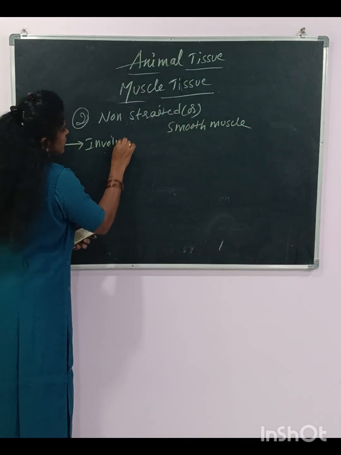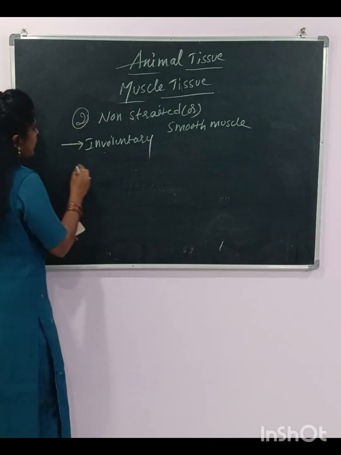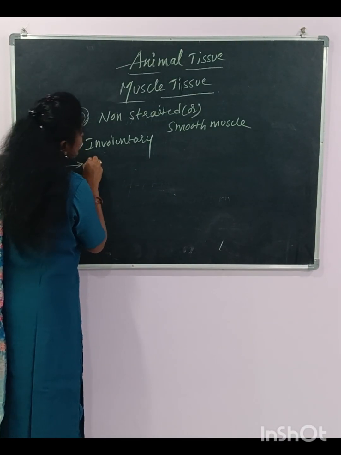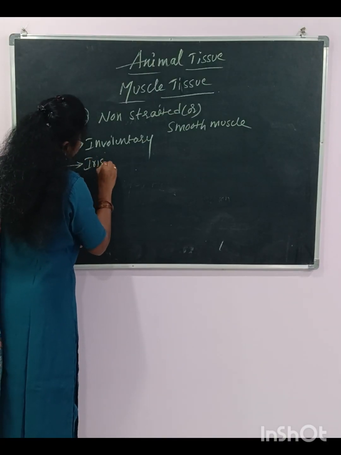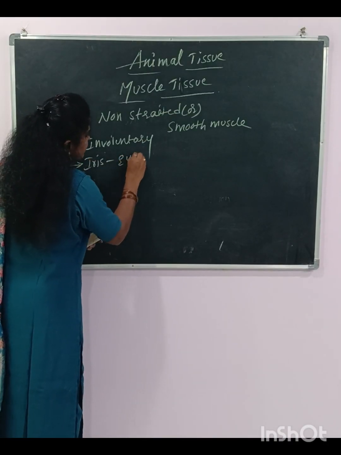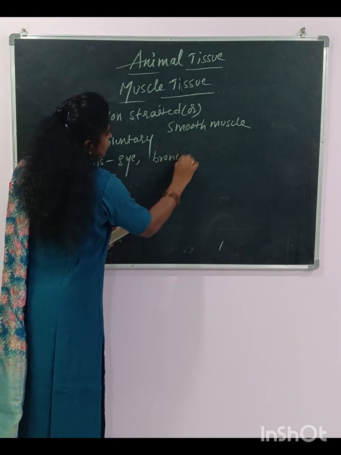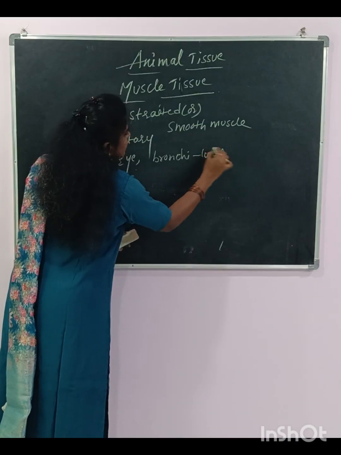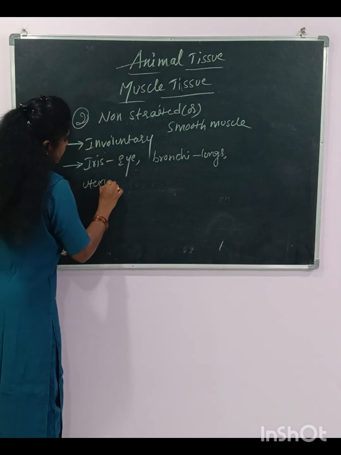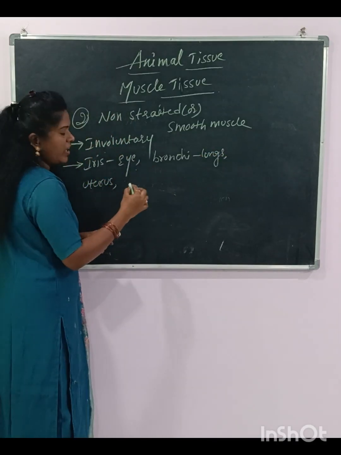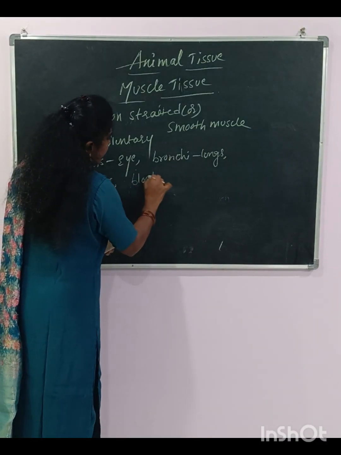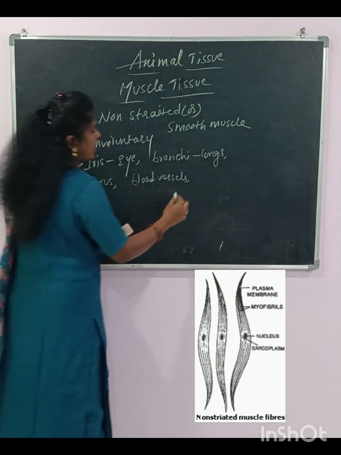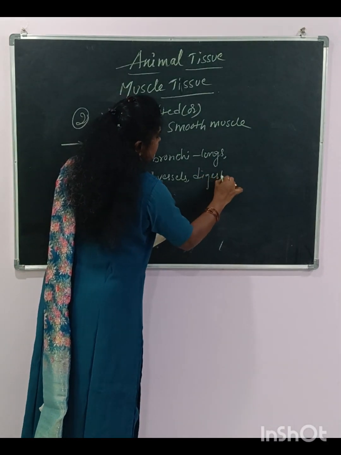Involuntary: these muscles are involuntary in nature, and we can find them in the iris of the eye, bronchi of lungs, uterus, and in the contraction and relaxation of blood vessels, and the movement of the alimentary canal, like the digestion process.